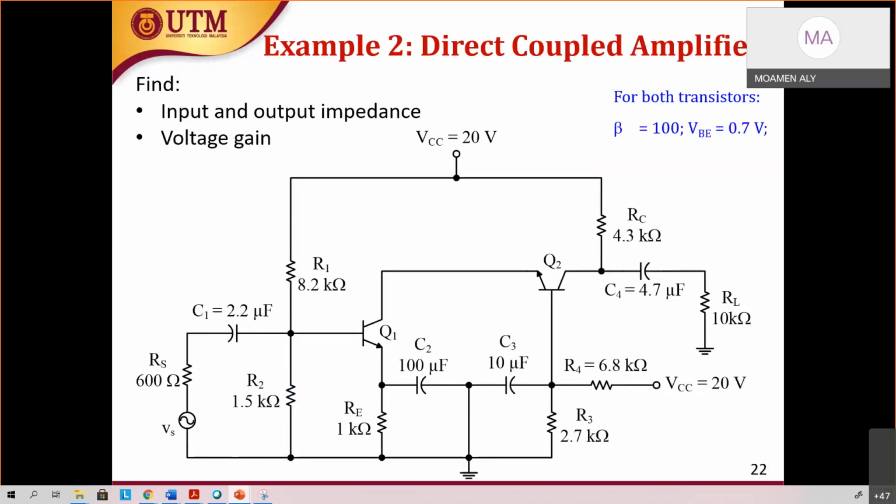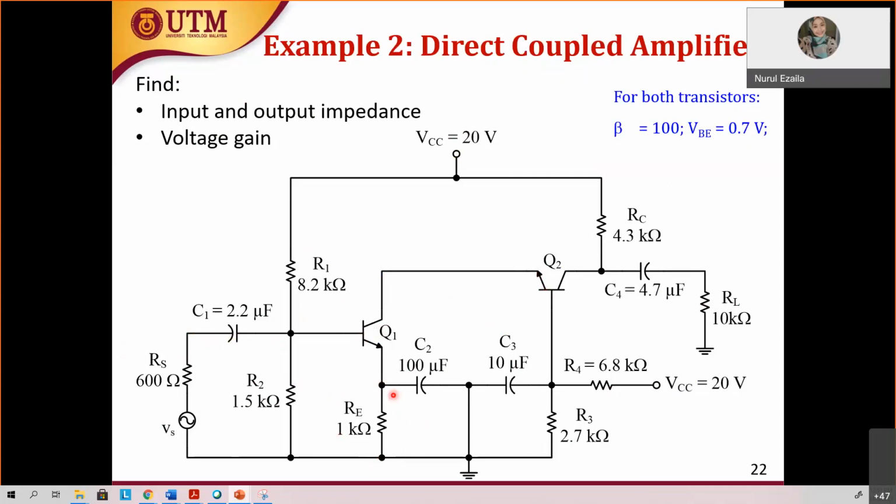The input is at the base, the output is the collector connected to stage 2. Therefore, what's left is the emitter. So the common for stage 1 is common emitter.